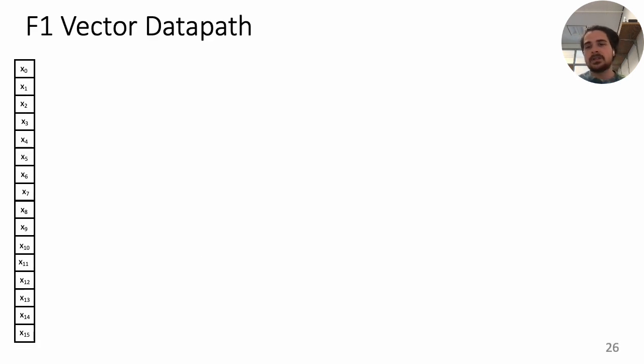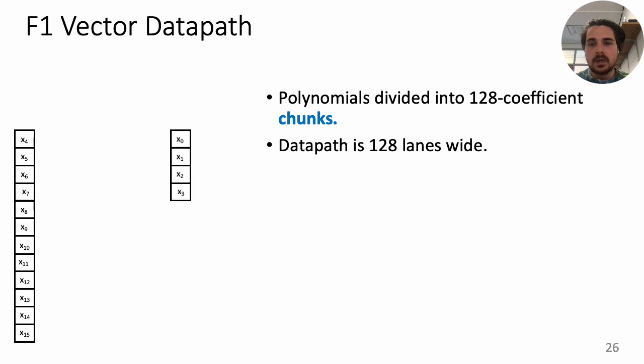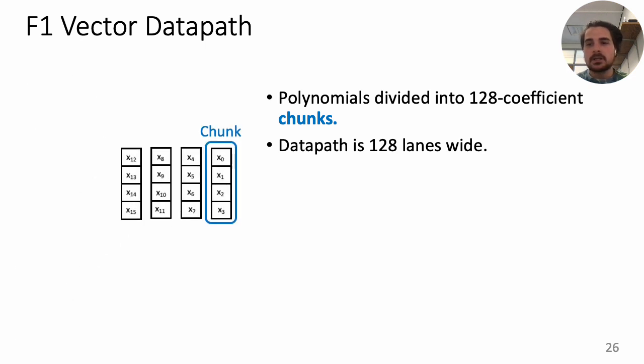I'll illustrate the challenge in implementing the automorphism and NTT units using a toy 16-coefficient polynomial. As we saw, F1 processes coefficients E equals 128 elements at a time. Thus, we say that in F1, a 16,000 element vector is divided into 128 chunks, with each chunk having 128 coefficients.